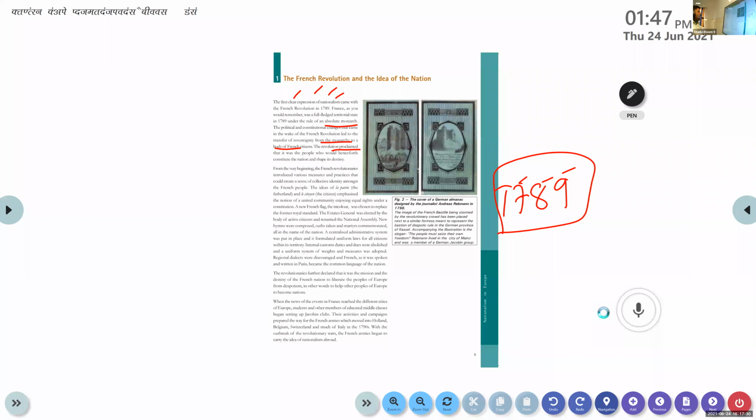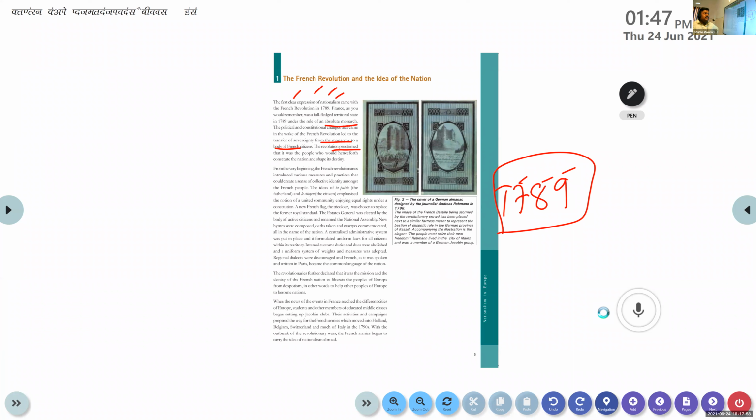From the very beginning, the French revolutionaries introduced various measures and practices that could create a sense of collective identity among the people of France. So these revolutionaries, the leaders of the revolution, tried various methods to create the feeling of oneness. Clear or not? They used various methods.